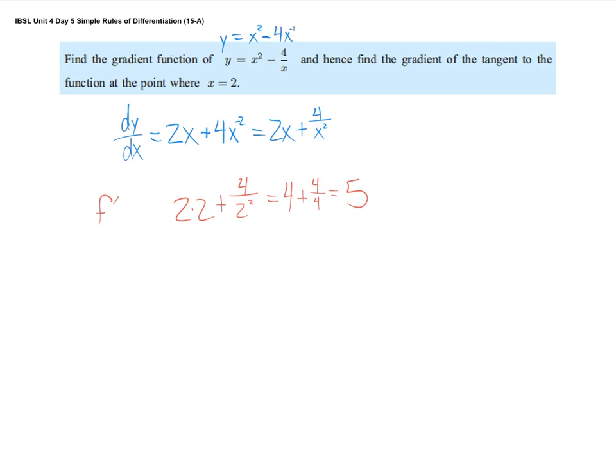So we could say f prime of 2, if we were calling this f of x, equals 5. And that means the slope of this function at 2 is 5. Okay? So go ahead and try some of the practice that I've given you and see how well you can apply these rules.